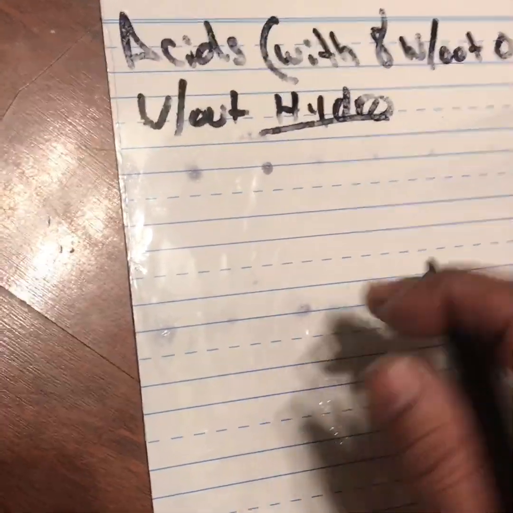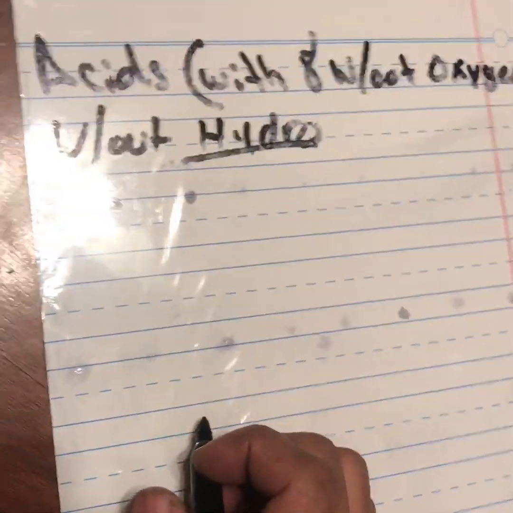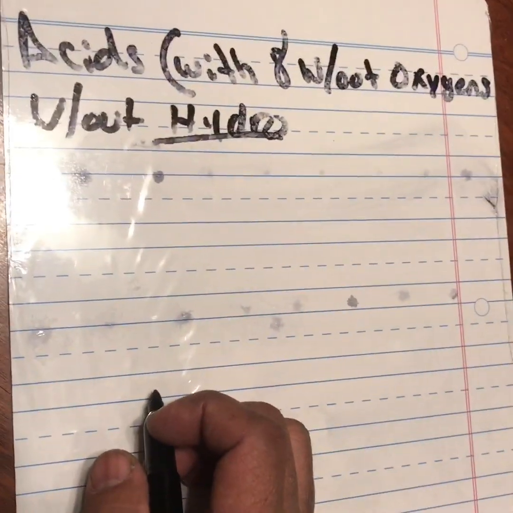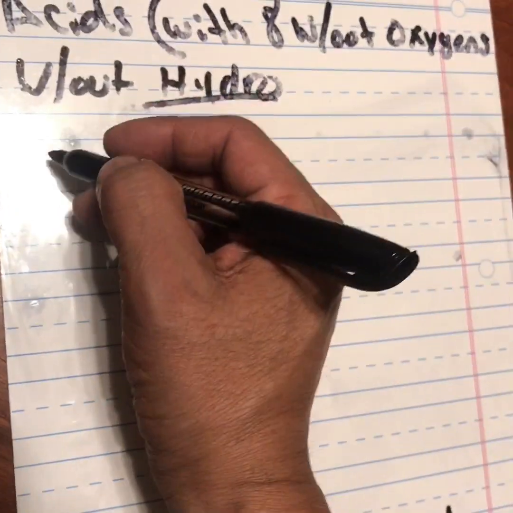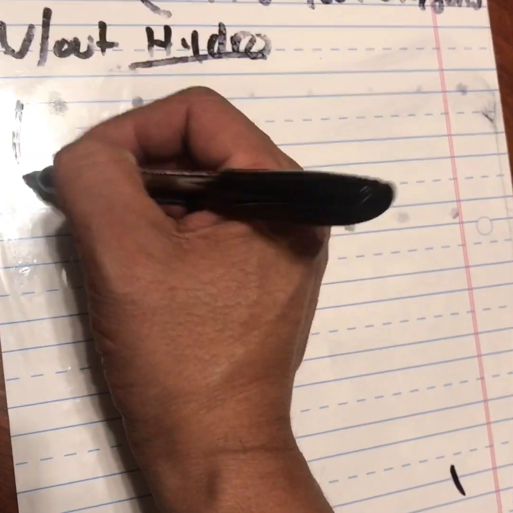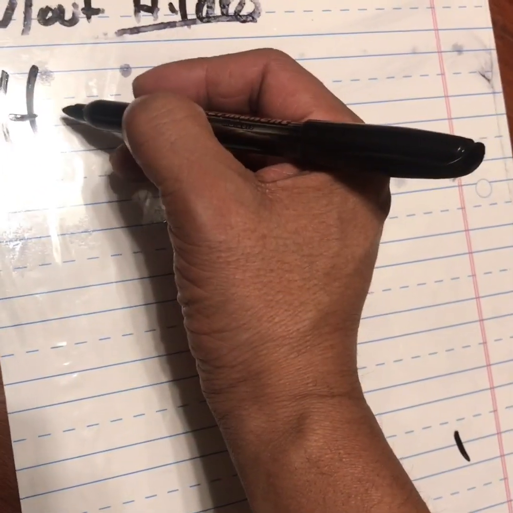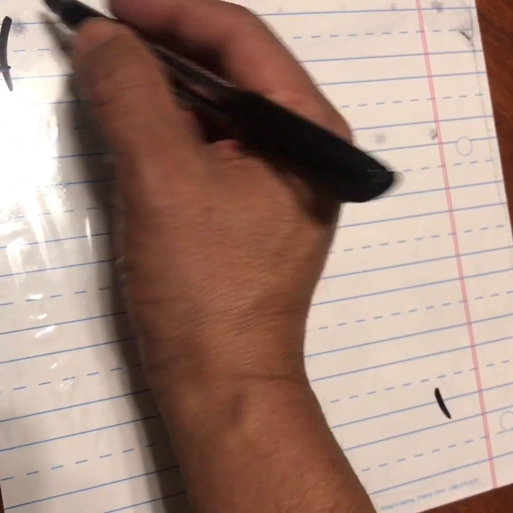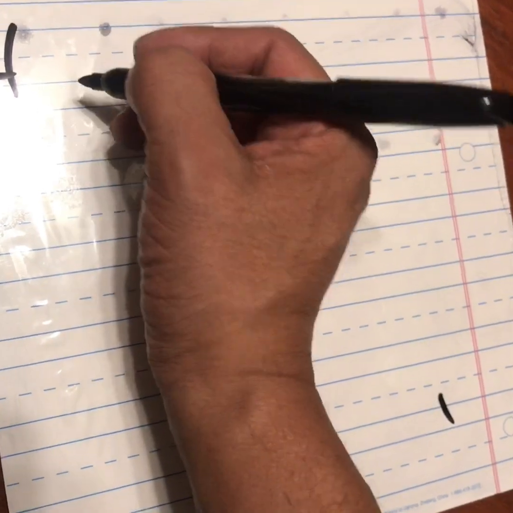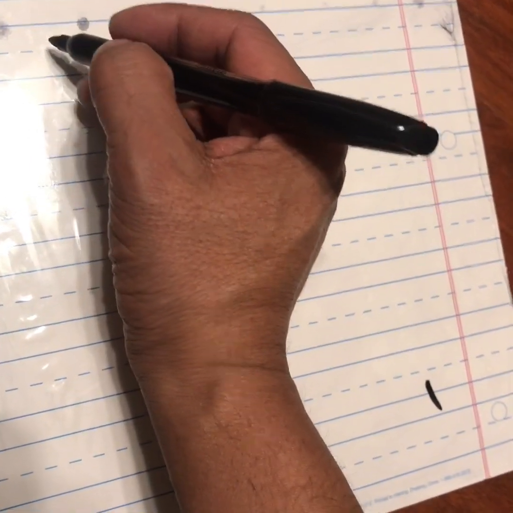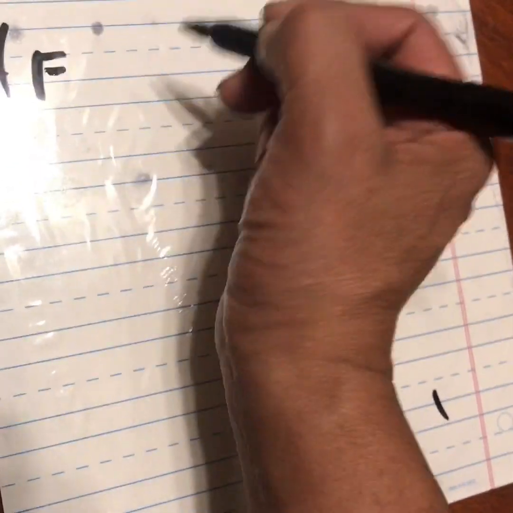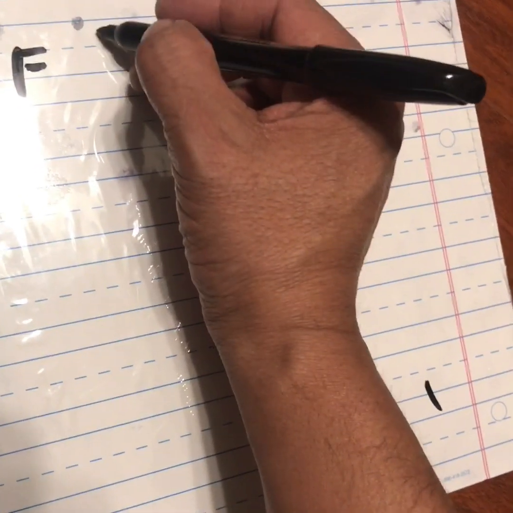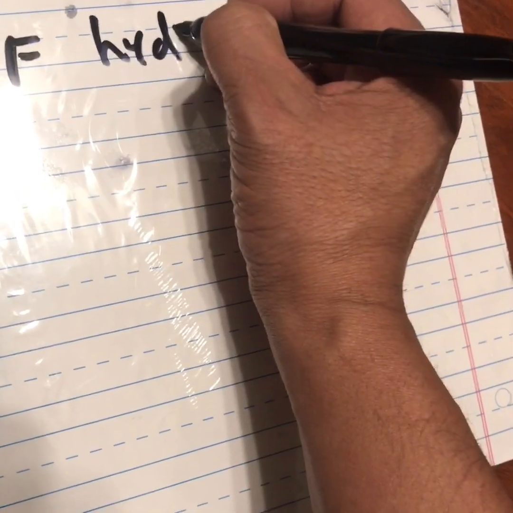So, naming acids. First, I'm going to start with acids that do not contain oxygen, and they usually start with an H, which stands for hydrogen. If it's hydro, it means no oxygen. First, we have an example for HF, which stands for hydrofluoric acid.